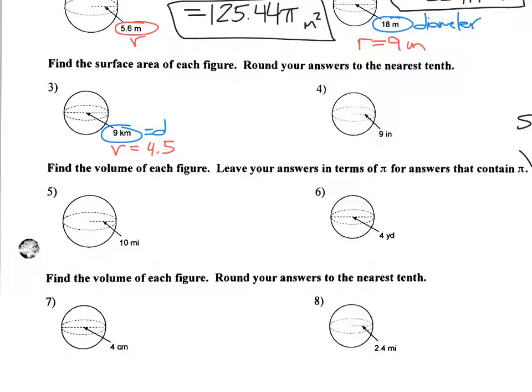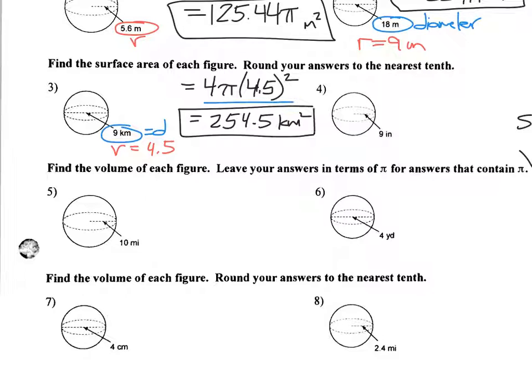Then surface area is 4 pi r, which is 4.5 squared. The difference is this time I'm typing the whole thing in on the calculator, not just the number part. So 4 pi parentheses 4.5 squared. It says to the nearest tenth, so that'd be 254.5 kilometers squared.